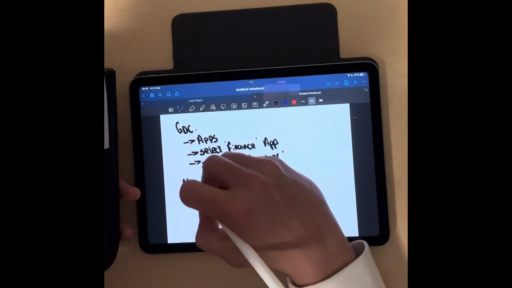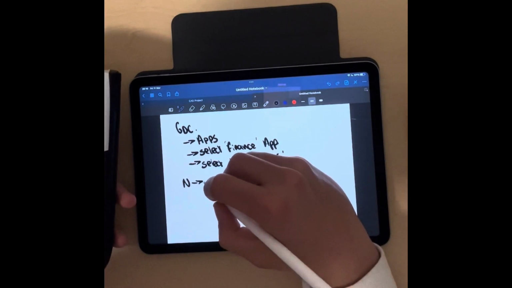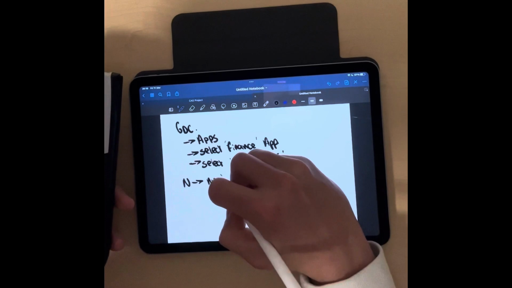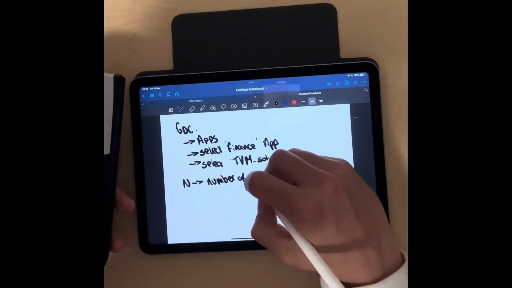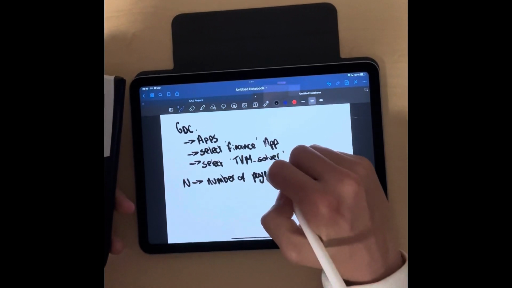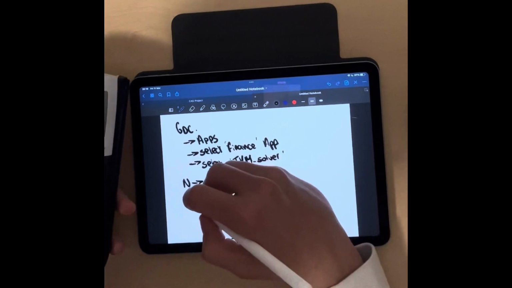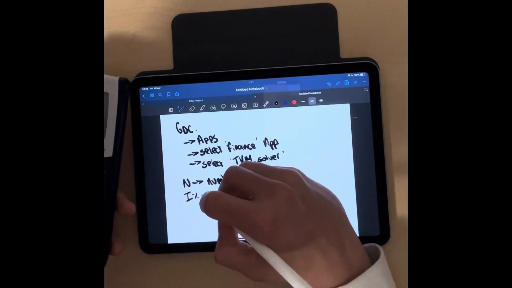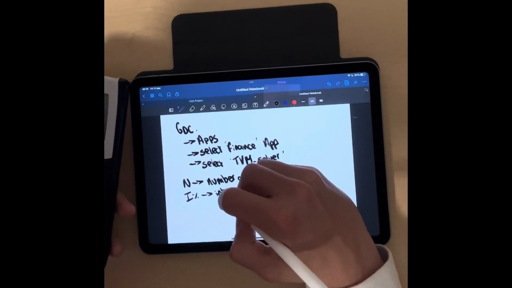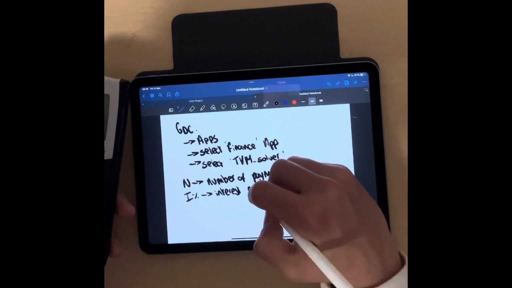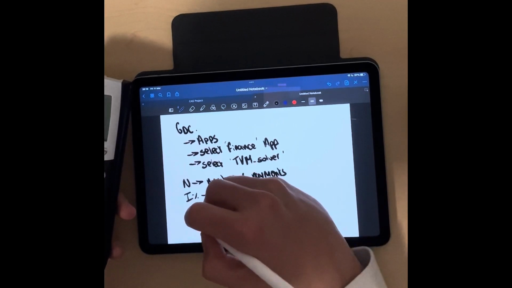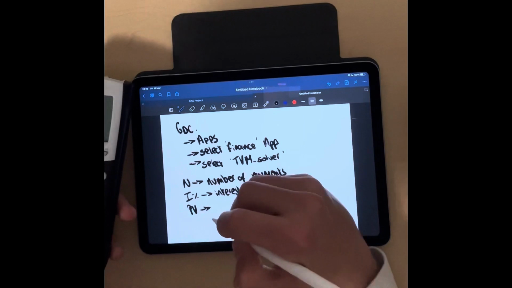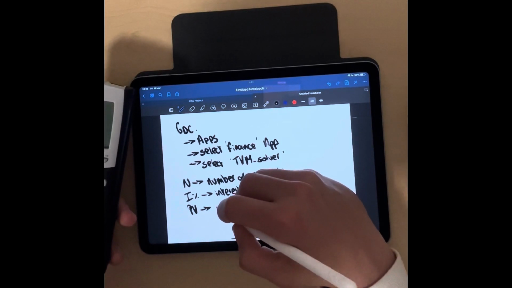So N, however, you want to remember what these mean, is the number of payments. So just like before, number of payments. I, this is interest rate, so evidently. PV is the present value.